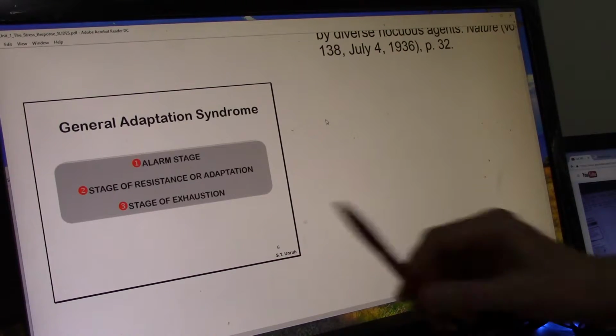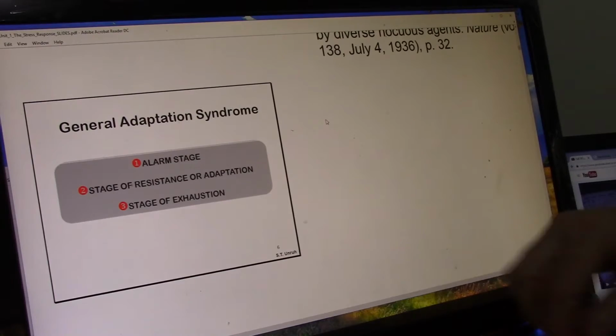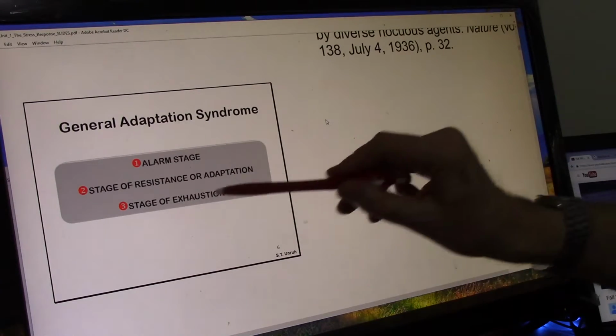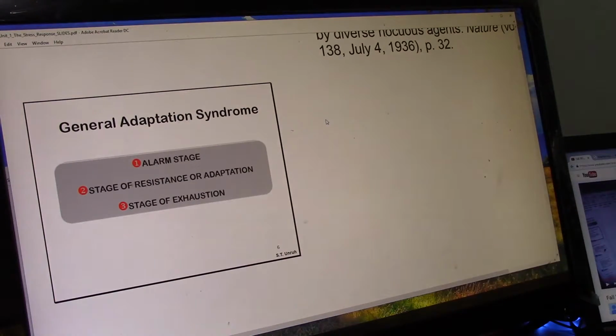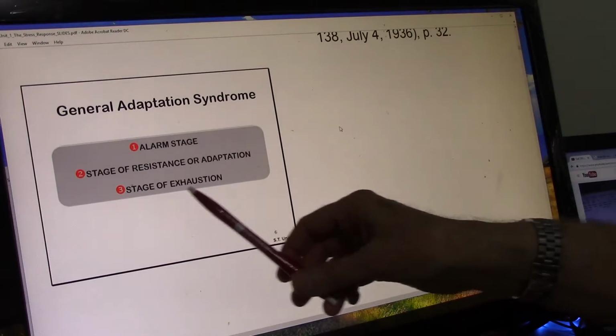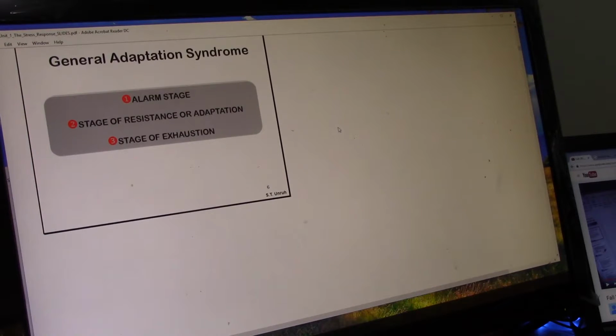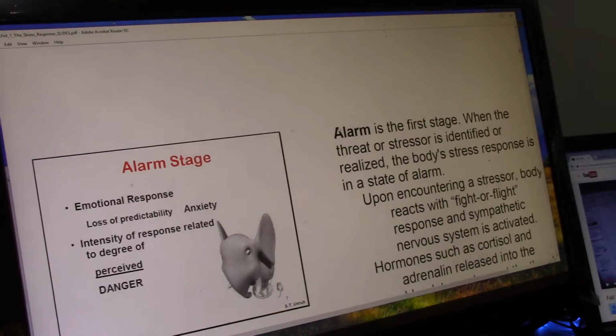But if we do neither, if we can't resist the stress and we can't adapt to it, if it just continuously alarms us, eventually we get to a stage of exhaustion or burnout. And for example, in the adrenal gland, the disease associated with that is Addison's disease. You can think Addison's, adrenal, basically the burnout of the adrenal system, because it's just been overstimulated.